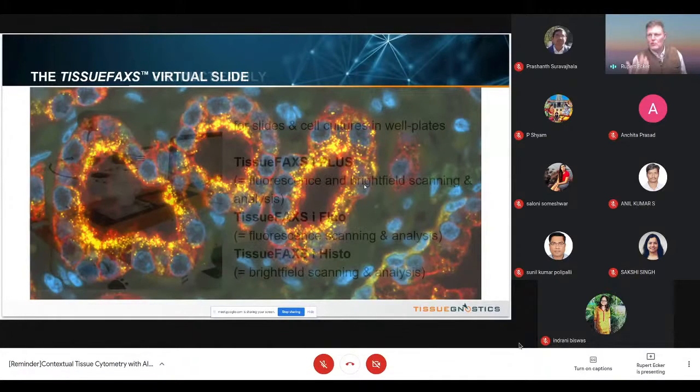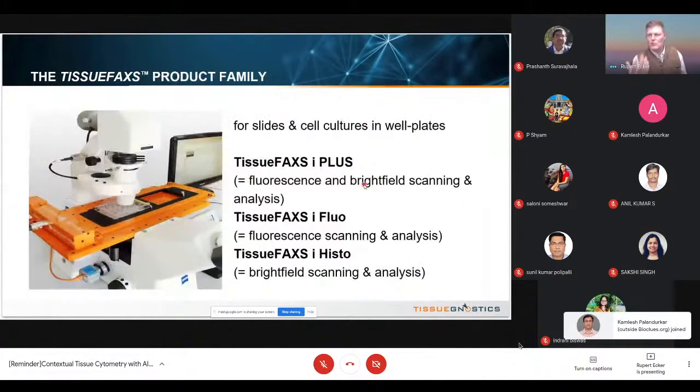Just to complete the overview of the product pipeline, we also have inverted systems referred to as TissueFax I like inverted, where you can also scan slides by putting them upside down, or well plates. This can be combined with culture chambers, so that also live cell imaging, time kinetic experiments, and even functional experiments in cell cultures can be made.